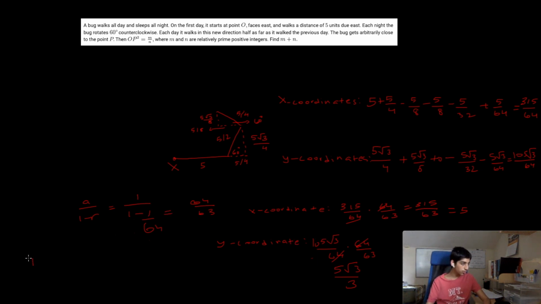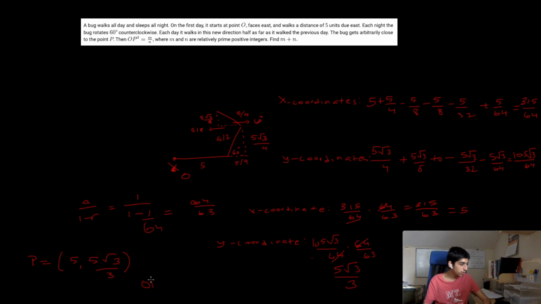So we can write point P as our x coordinate, comma, our y coordinate that we just found. The question asks, what is OP squared? And point O is where the bug started. Actually, this should be point O because that's what the problem states. I don't know why I chose point X, but it doesn't really matter. And to find distance, this is actually really simple. We can just use the Pythagorean theorem.